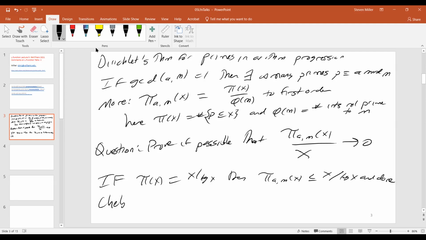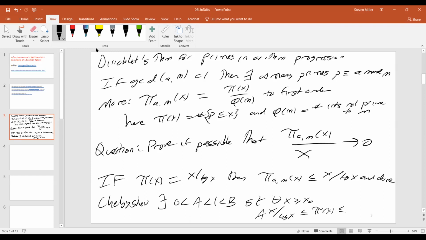And if you've heard of Chebyshev, I have been arguing for years that we should spell his name differently depending on which one of his theorems we want to quote. But Chebyshev proved there exist 0 less than a less than 1 less than b, such that for all x greater than or equal to some x naught, we have a x over log x less than or equal to pi of x less than or equal to b x over log x. And so that would be enough to prove a result like this elementarily.